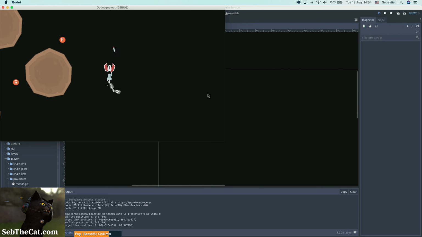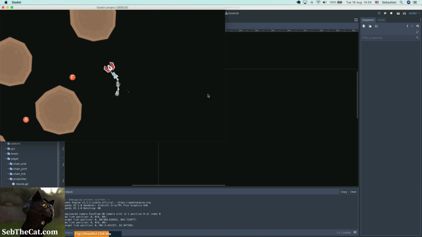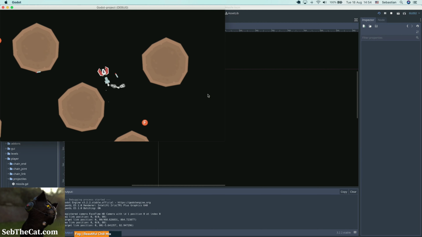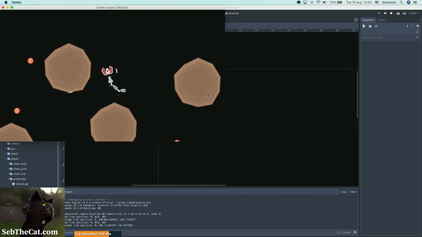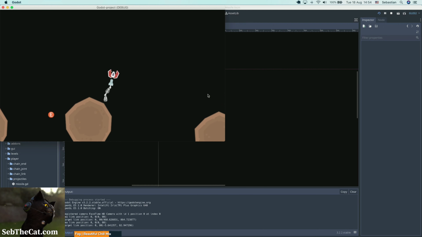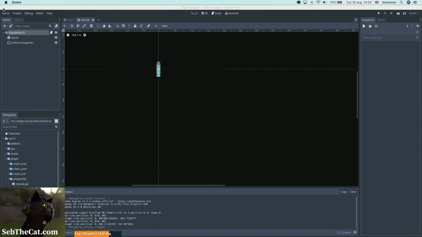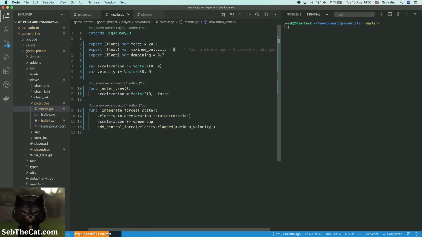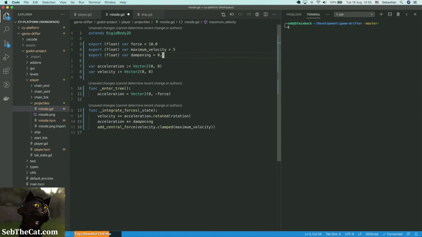It's kind of cool how, when you're going forward, they don't quite accelerate to your speed for a while. But that's not going to be very responsive for the players. So maybe increase this slightly. Okay, so I think the force is too much. We can keep the maximum velocity about the same.